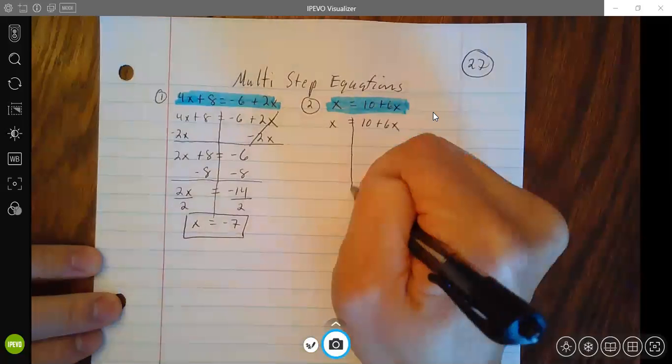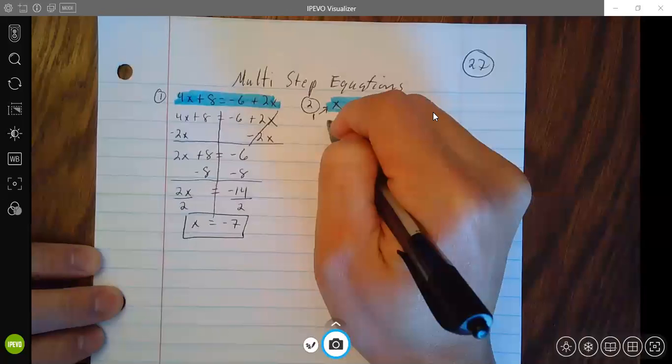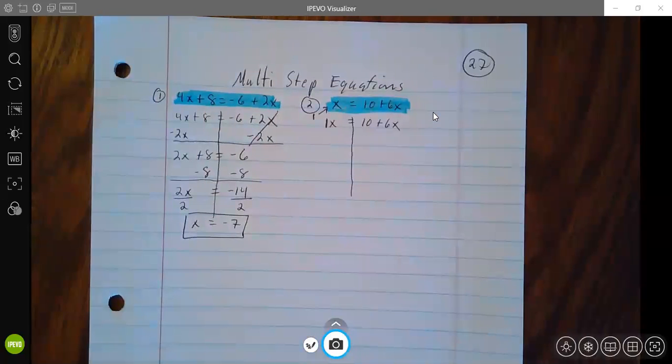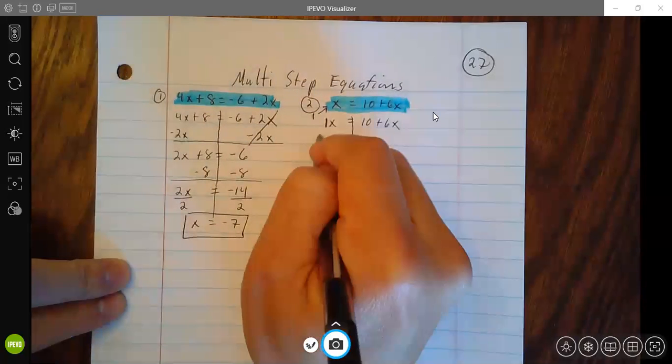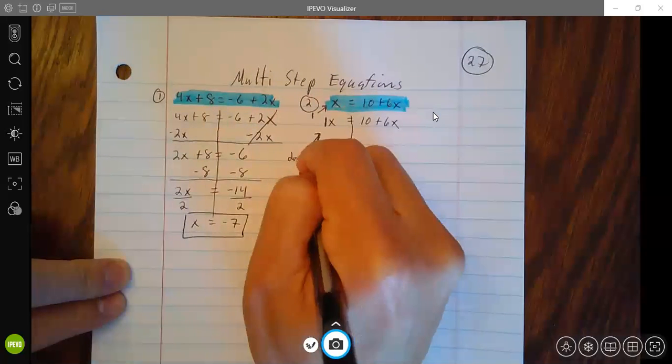Remember, there is a 1 in front of this x. So I'm going to go ahead and put a 1 under here. This 1x I don't want to move because there's nothing else there. Okay, so I'll write just like I did yesterday, don't move that one.